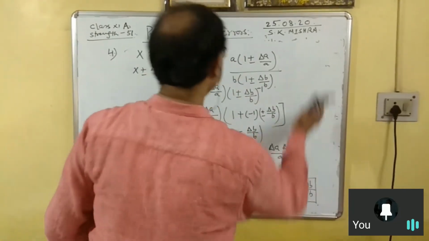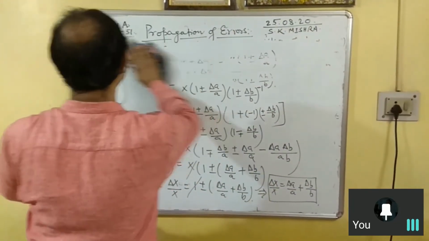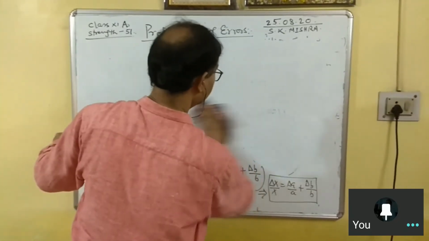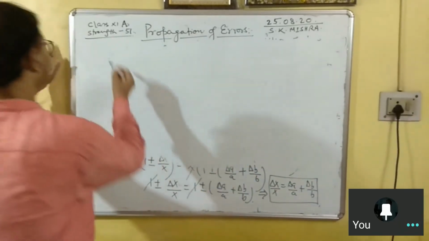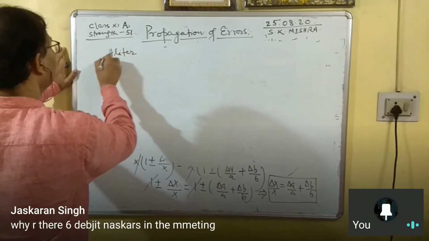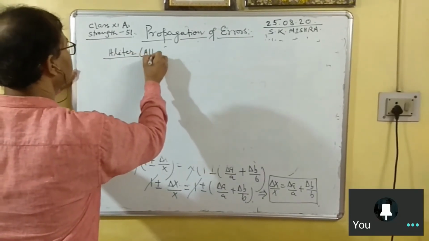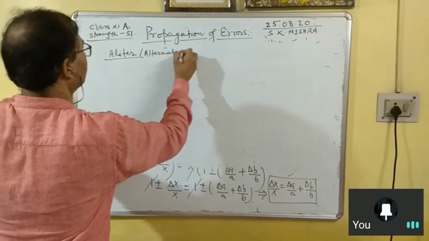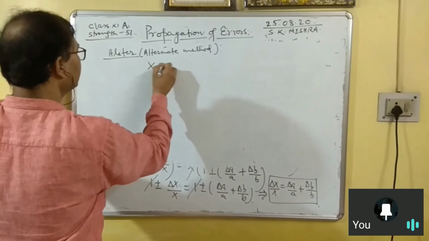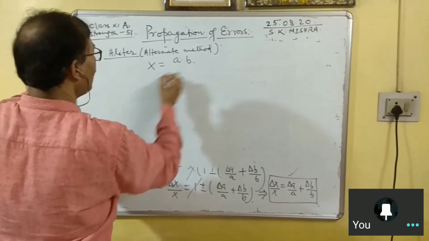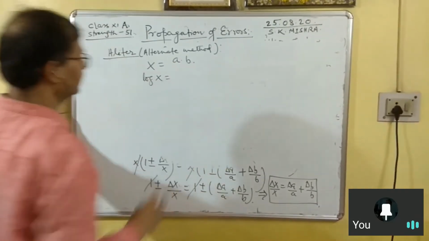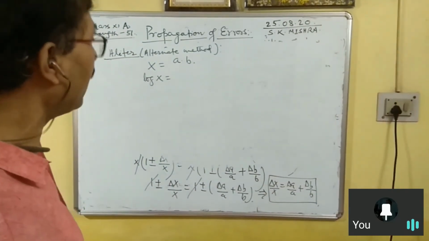Now I'm giving you the alternate method to get the same result for A into B and A by B. Aliter means alternate method. Now X is equal to A into B. Okay, take log. Log X. If it is A into B and you take log, then it will be plus.